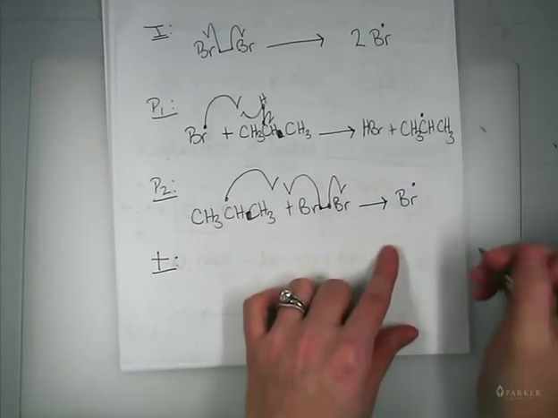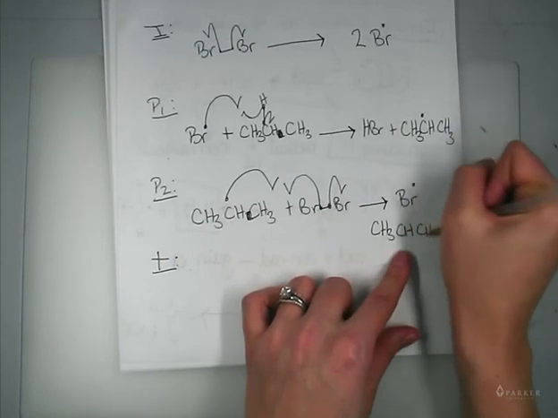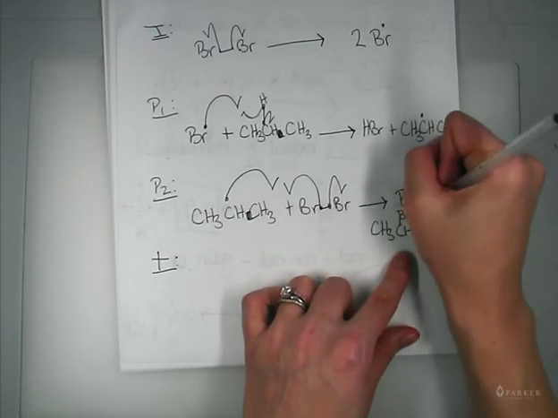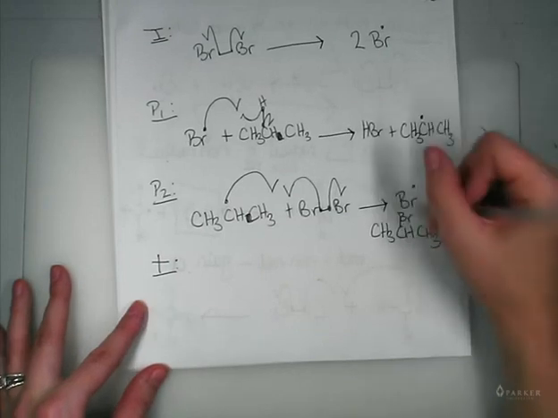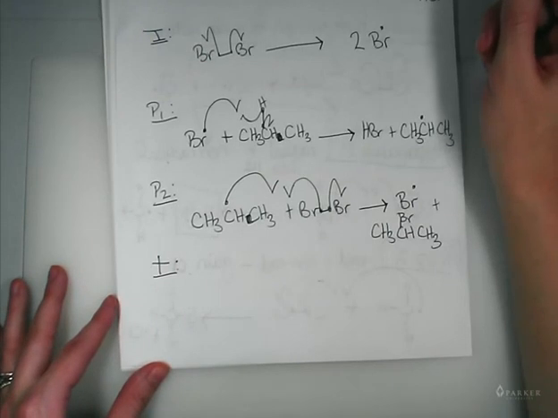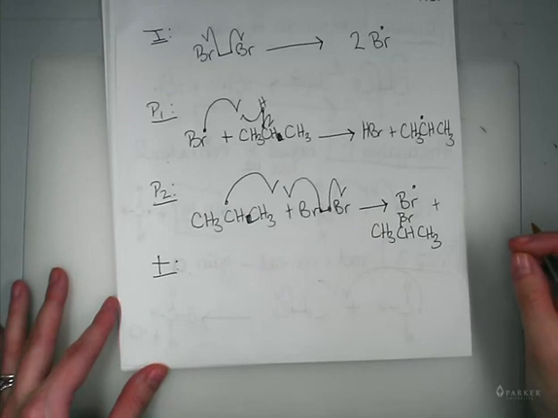So I'm going to have a bromine radical. And then if I write it down here, CH3, CH, CH3. And where's the bromine? That second carbon. So what? Yeah, there's a plus. What would you call it before bromine interactions? You would just call it a propane radical.